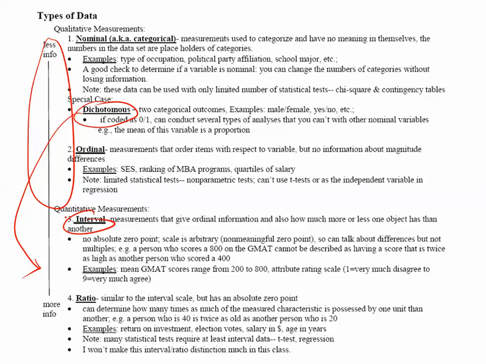That's where ratio data is more informative. In ratio, it is a quantitative measure that has an absolute 0 point, or the absence of something. So an example might be the return on your investment, the number of votes you got, the salary, or age. Age is a ratio, it's a quantitative figure, and 0 really does mean something.